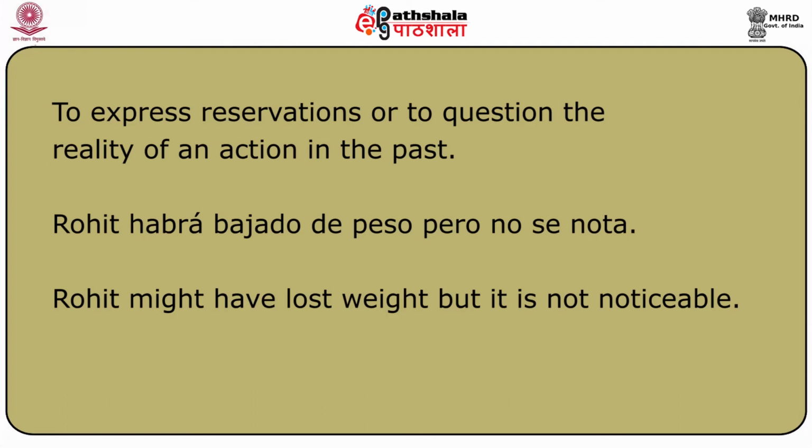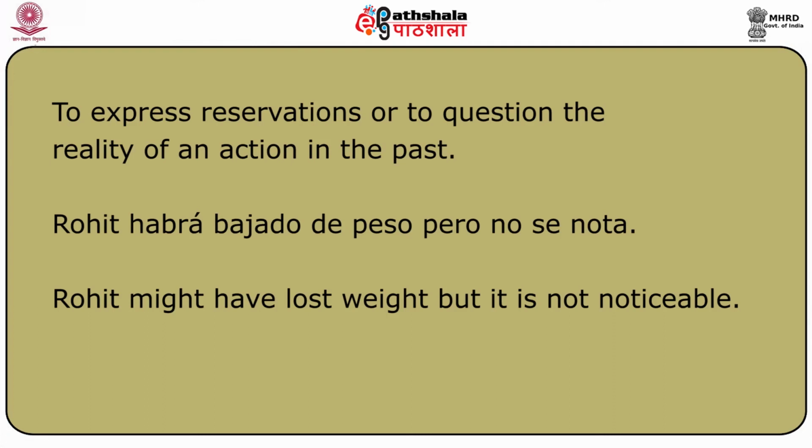The conditional perfect is another tense in Spanish which is a compound tense. The forms of the conditional of haber are used as the auxiliary verb for the conditional perfect. The past participle of the verb being conjugated is added to the auxiliary to create the compound tense.